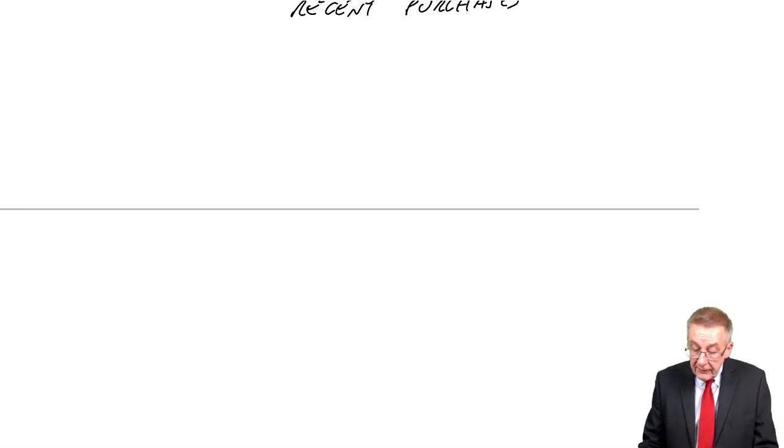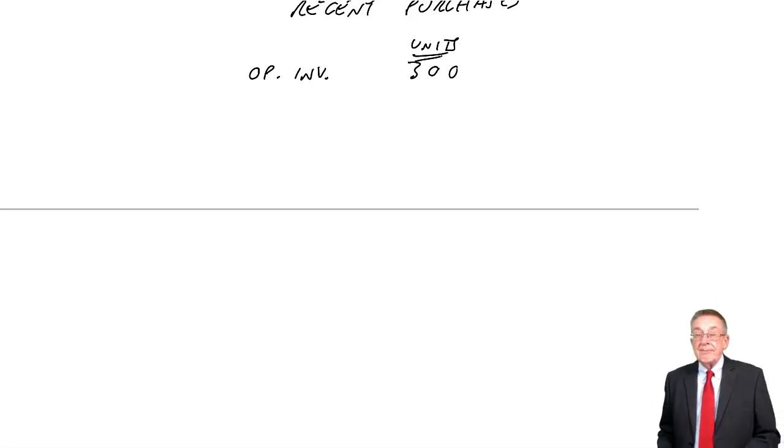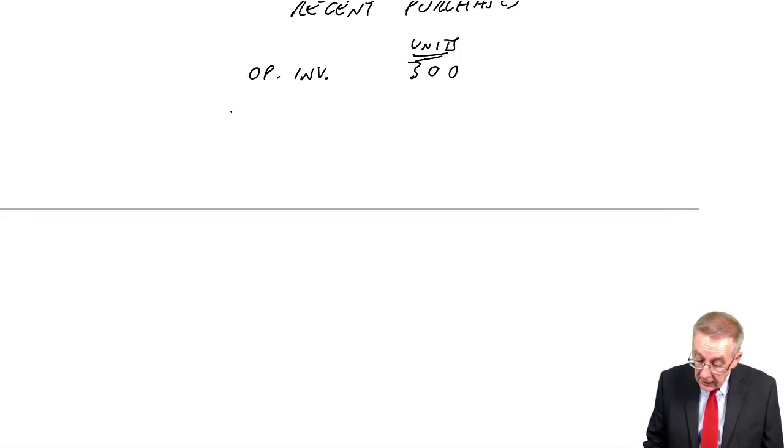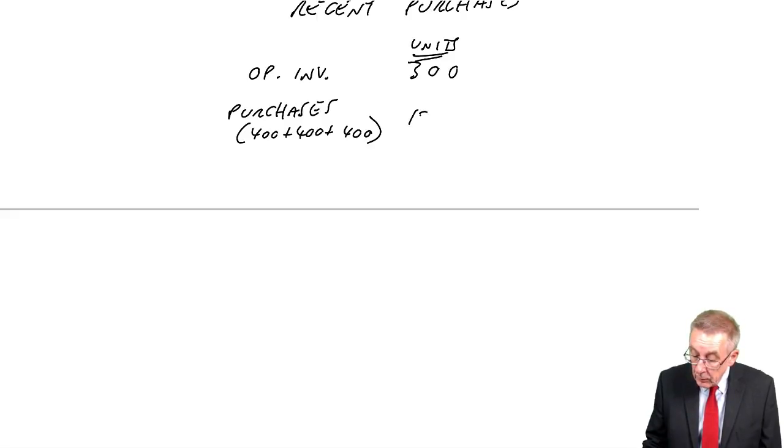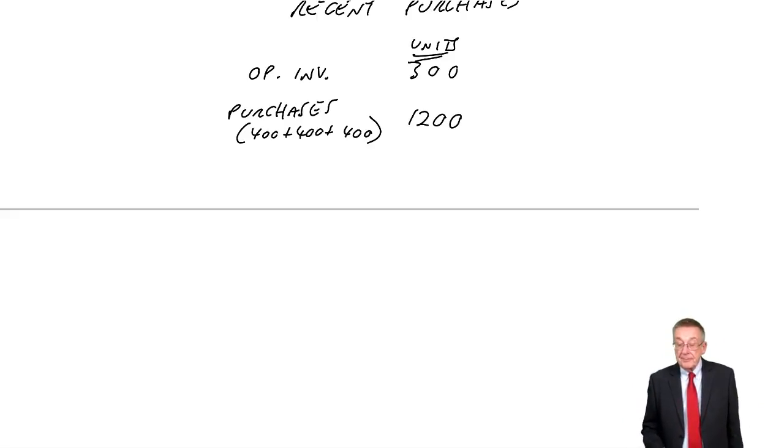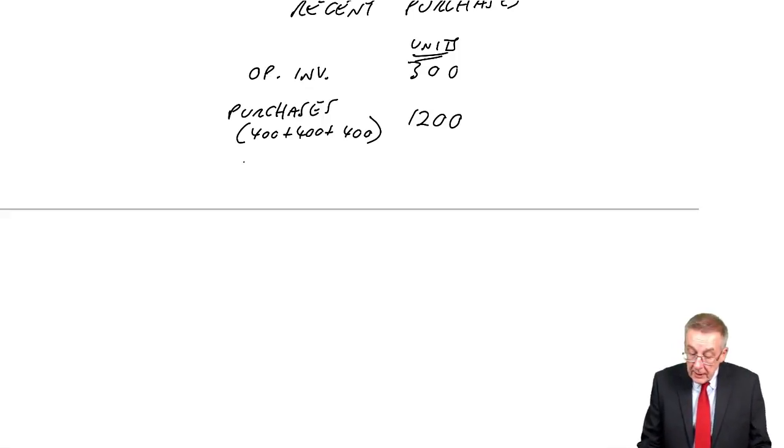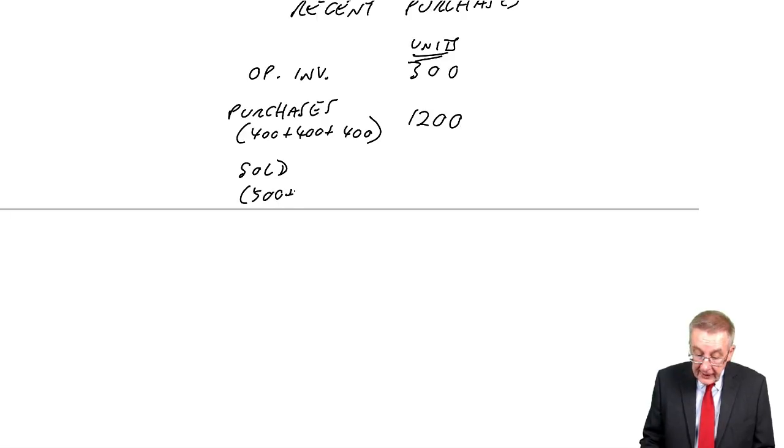At the start, on the 1st of November, the opening inventory, there were 300 units. During the month, we bought a lot, so the purchases, 400, 400, 400. Forget the values for the minute. We bought 1,200 units. But during the month, how many did we sell? Second table, we sold 500, 400, 100. We sold 1,000.